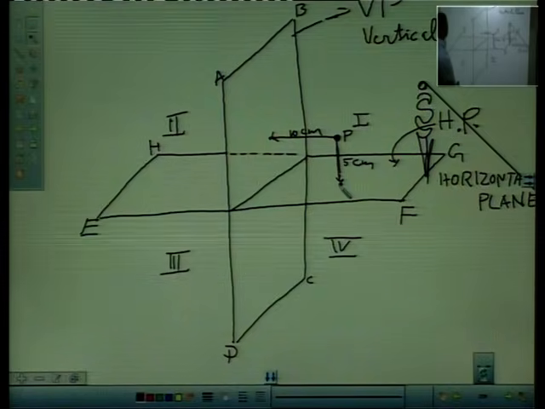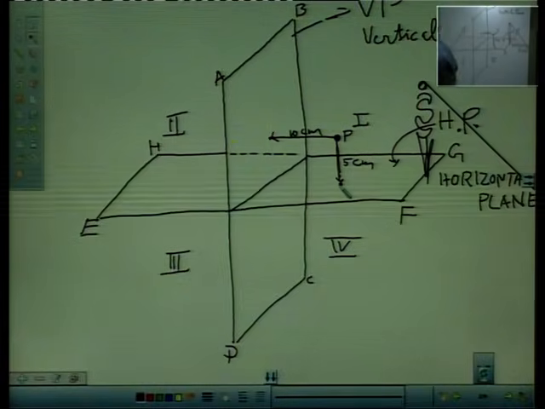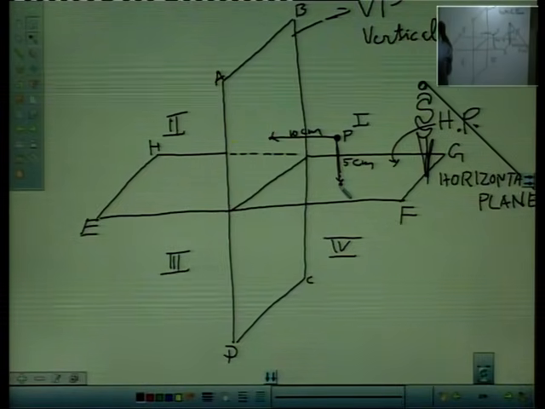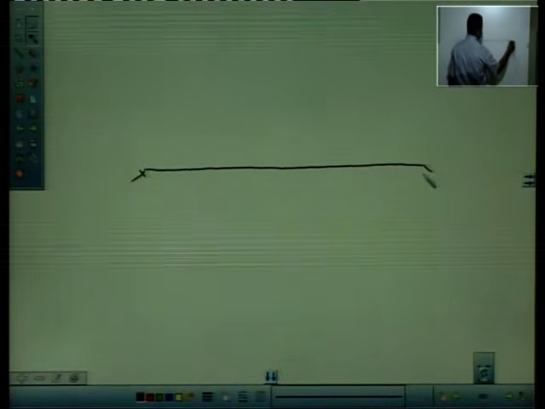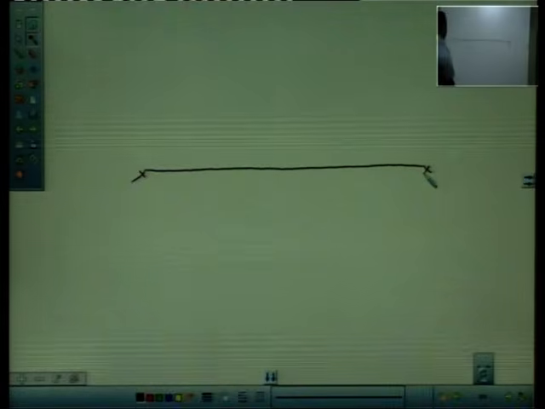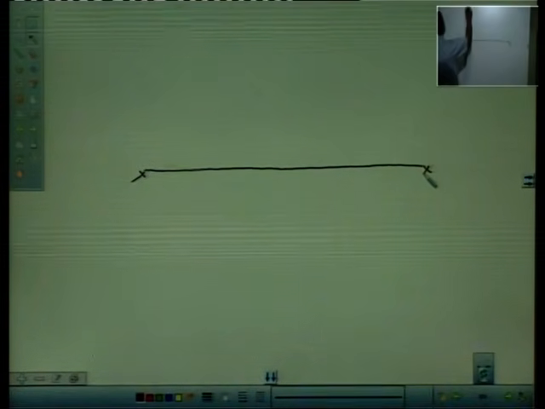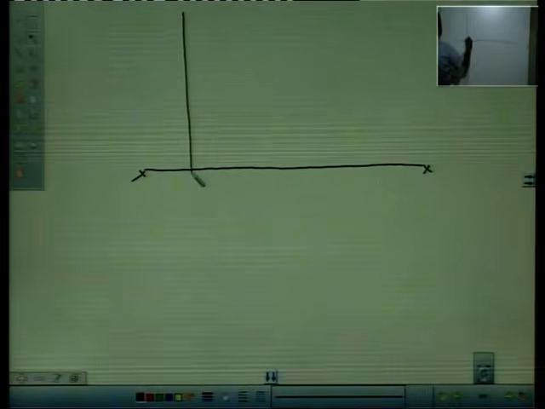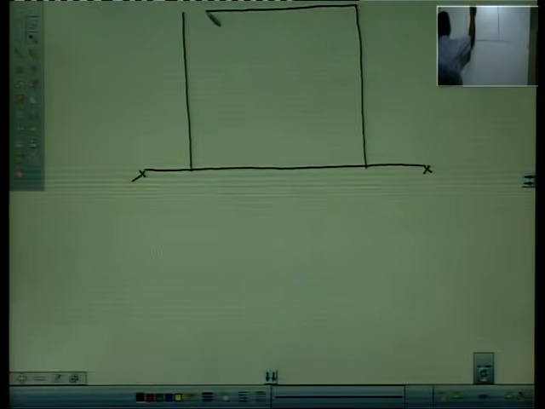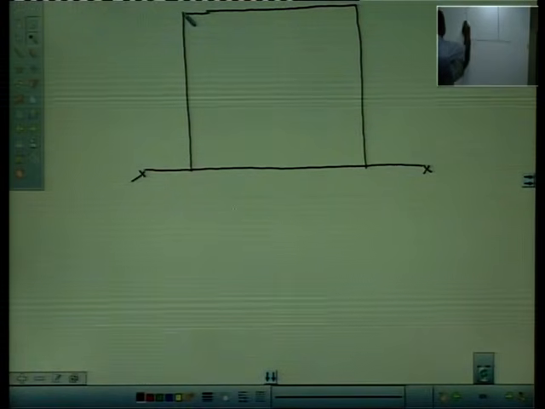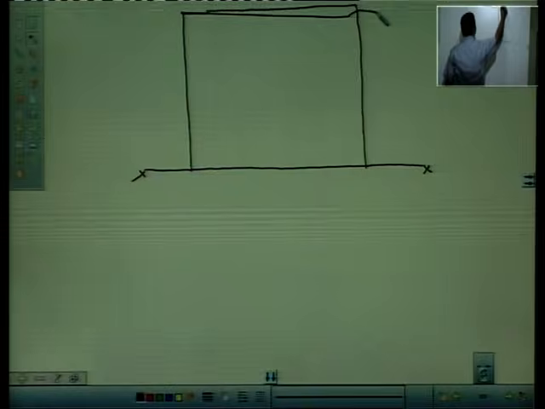So, how to draw this in orthographic projections? First, draw a straight line, say x axis, and this rectangle here represents vertical plane.